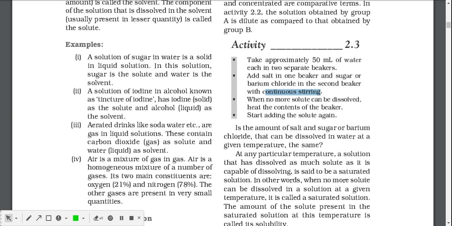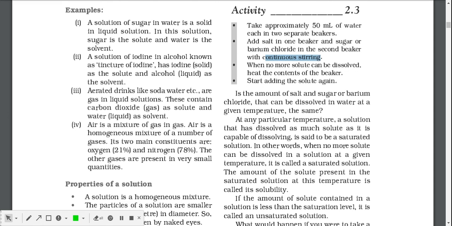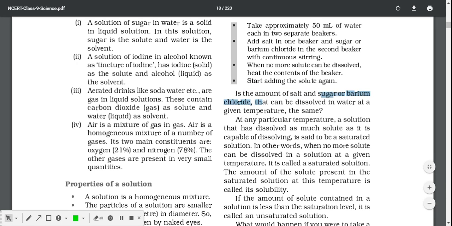Till a particular temperature, it continues to dissolve, and after that, the dissolving capacity of the solution will reach its extent. After that, no more solute can be dissolved. So what we call it, let's see, is the amount of sugar or salt or barium chloride that can be dissolved in water at a given temperature.